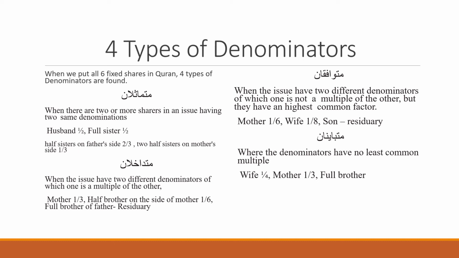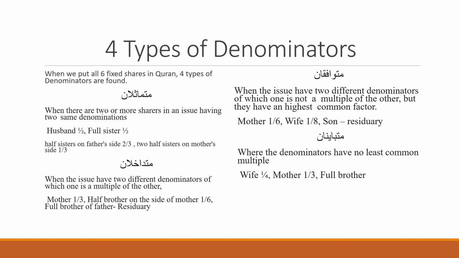The same digit, 2. So the denominators are the same. Inshallah, how the basis is found from mutamathilani is coming very shortly in the next slide. This is the first item.